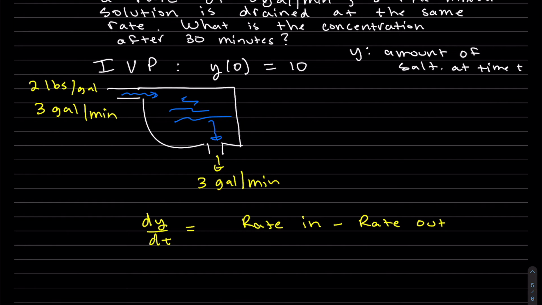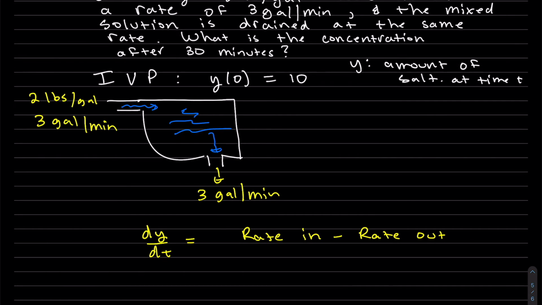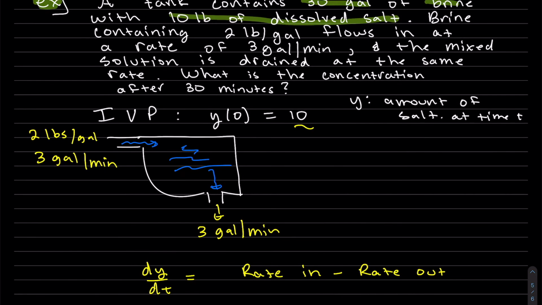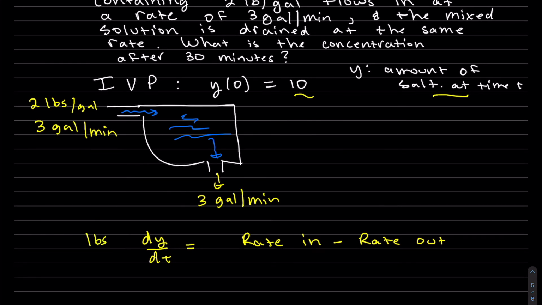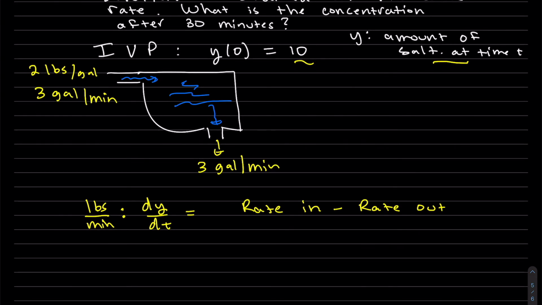Let's look at the units of dy/dt. Y is the amount of salt in pounds, so that's pounds per time, and our time is per minute. We need the same units for both of these on the right.